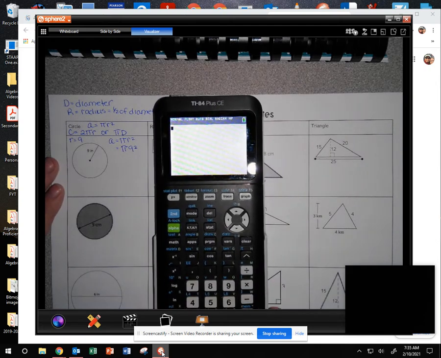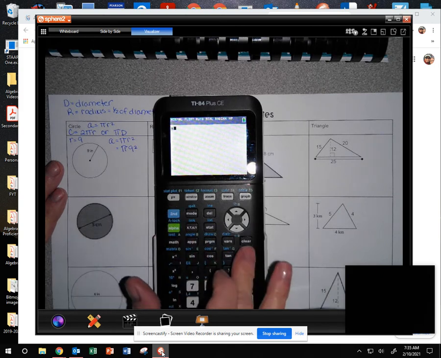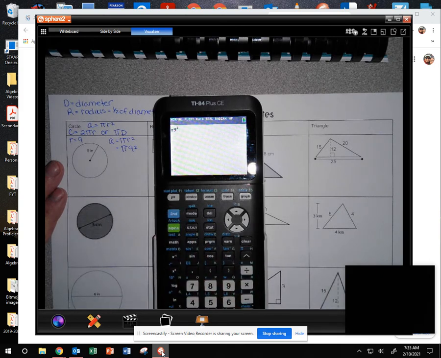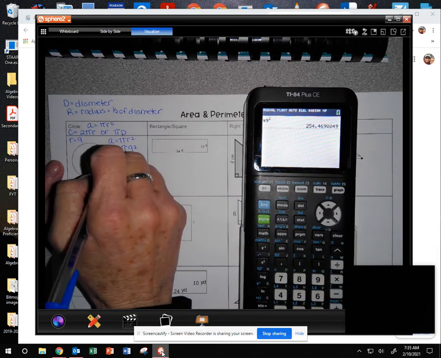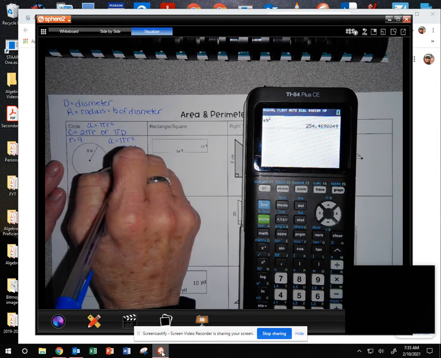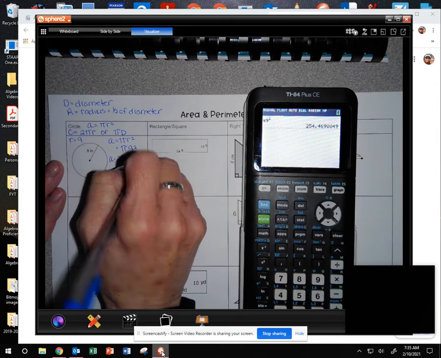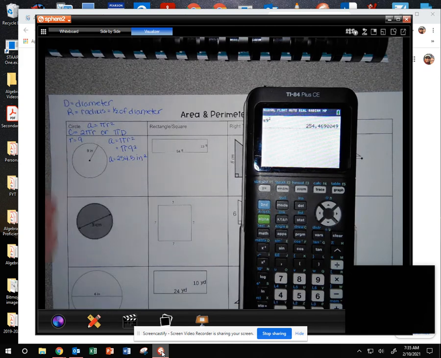So here, pi is right here under the clear button, and it's in blue. Remember, anything that's in blue, we do the second button. So second pi 9 squared. So my area for this circle is 254.5 inches squared. When we talk about area, it's always squared in units.